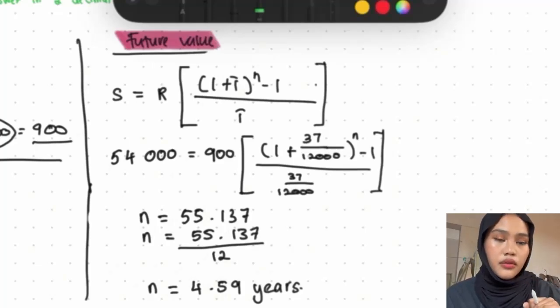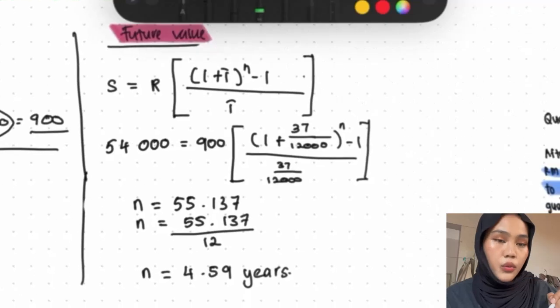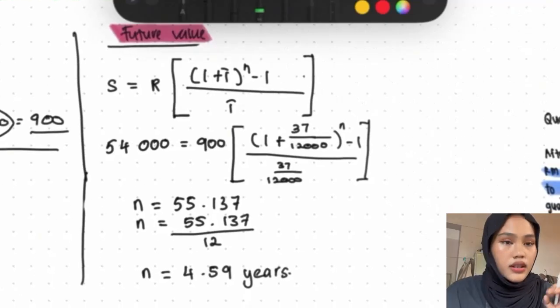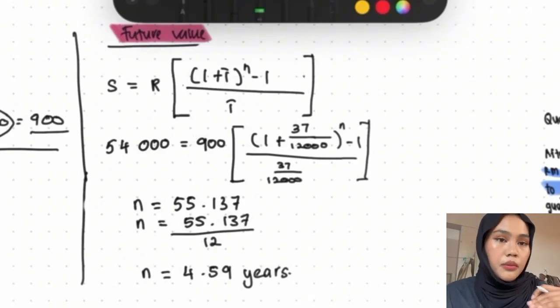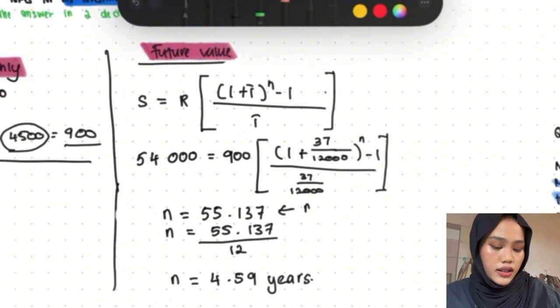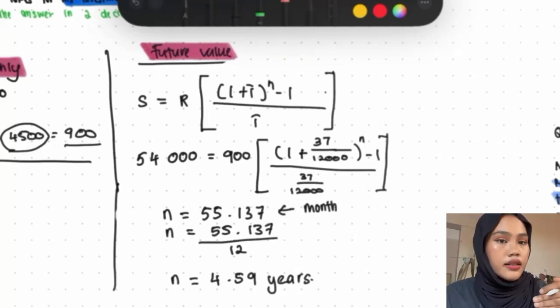After using the solve function, you get 55.137. It is not done yet, because 55.137 is in months, but the question asks in years.